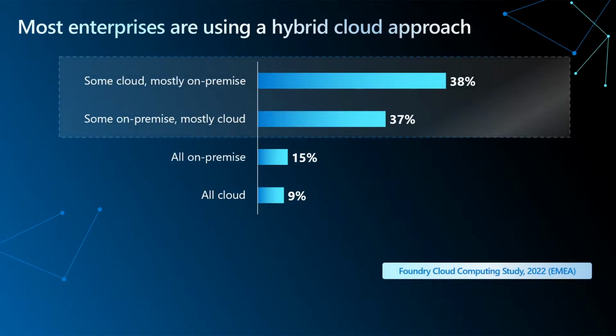So Microsoft have really realized that an all-cloud IT environment is far from a reality, right? Most organizations are going to look at hybrid. When we look at some of the stats, and I think this stat here was from 2022, it basically showed that lots of people are using cloud, but lots of people are also staying on-prem for a variety of reasons.